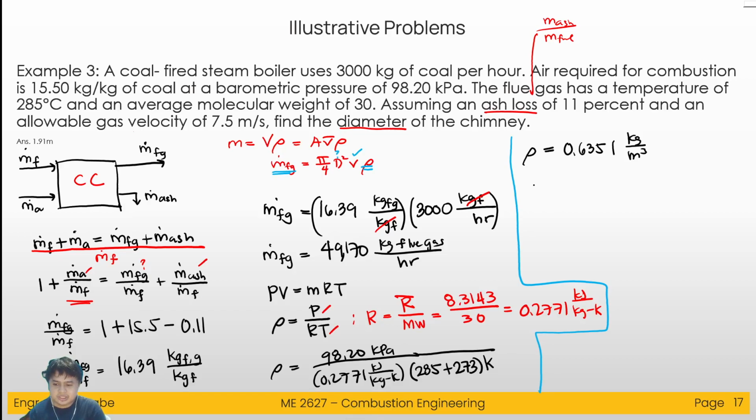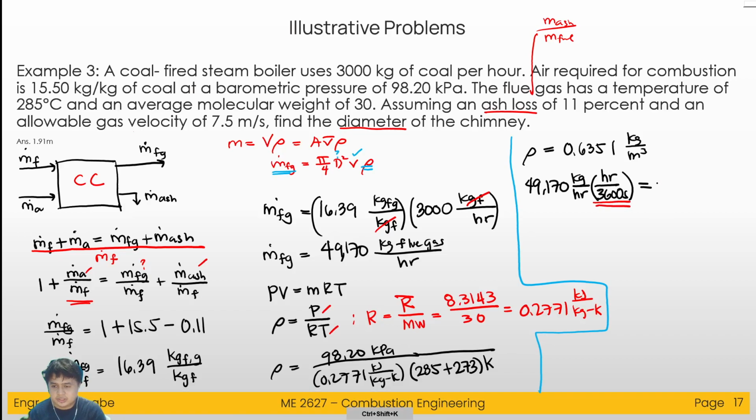So the mass flow rate is 49,170 kilogram of flue gas per hour. We should convert this into per second, so 1 hour is 3,600 seconds, just a conversion.